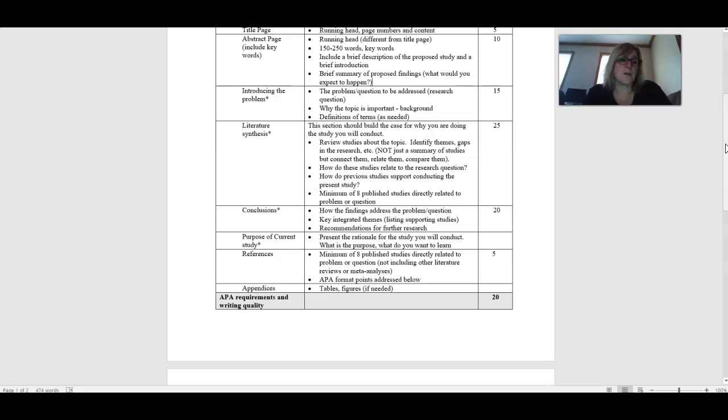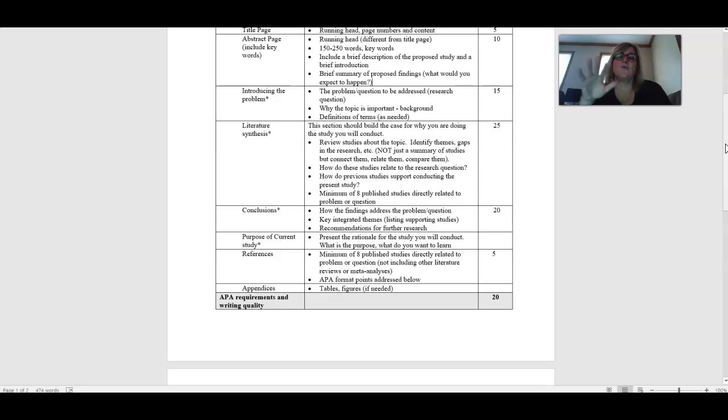results? Once you've done all that, you're going to talk about how the studies that you've evaluated to this point inform your study. So how did they help you to determine what you would do in your classroom?